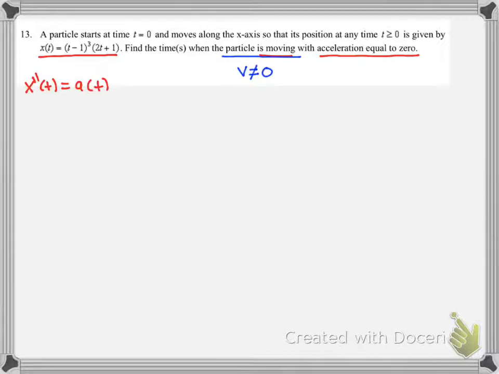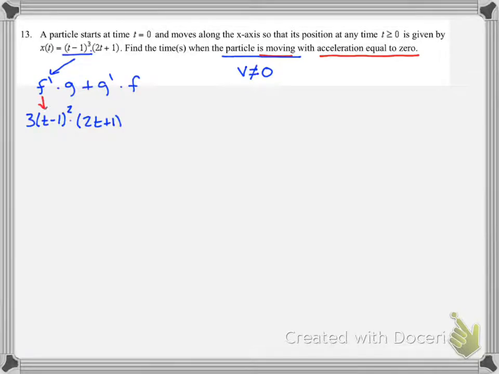So we're going to start by taking the first derivative. As I see, looking at this, it looks like a pretty obvious product to me. So the derivative of the first, that'll be my f prime, is going to be 3 times (t minus 1) to the power of 2 times g, which was 2t plus 1.